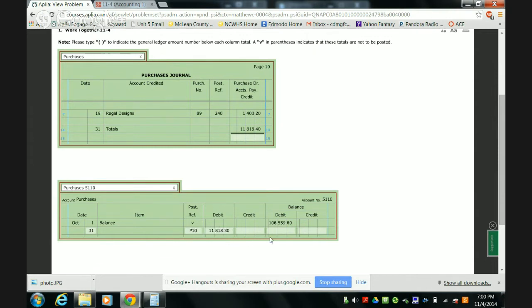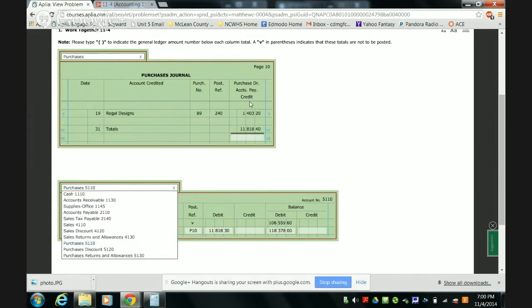I add that to what I've got here, and I should get $118,378. Now I'm not going to post this quite yet because I've still got to do the accounts payable credit here. This one has a 2, since there are 2 things under this column.